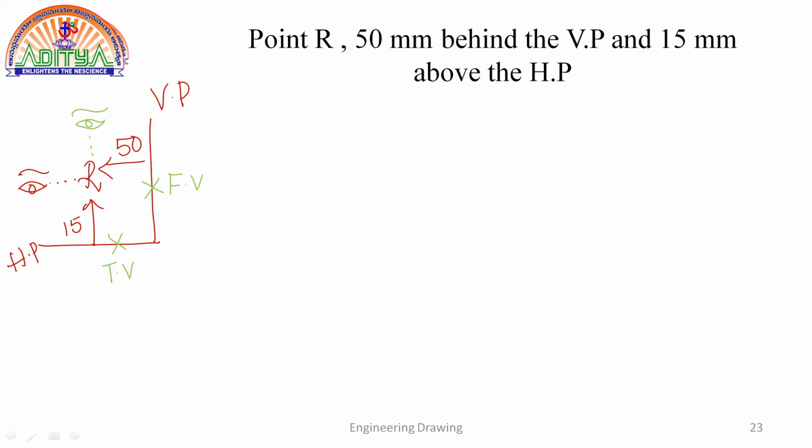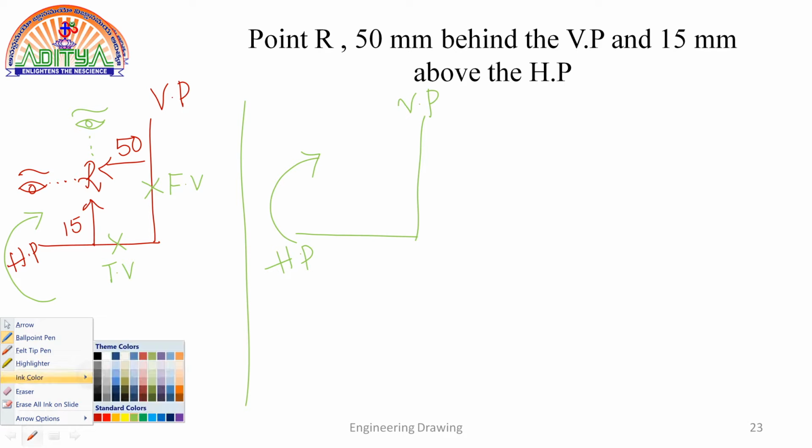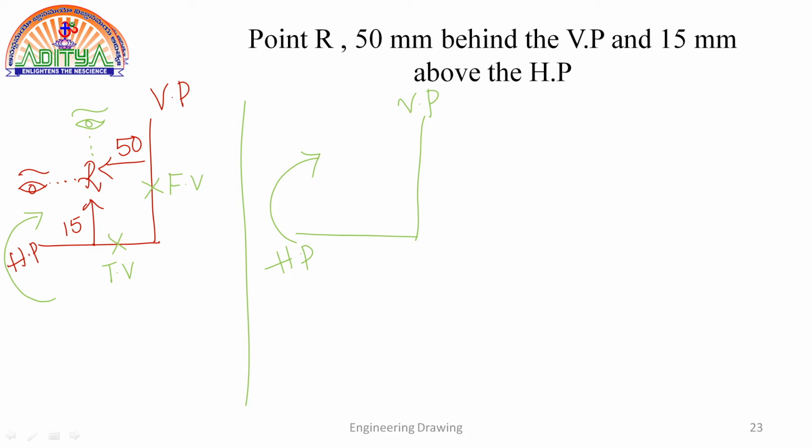Next, what we have to do? We have to rotate this horizontal plane in the clockwise direction. So what will happen? As we rotate the horizontal plane clockwise, both the front view and the top view come above the reference line.